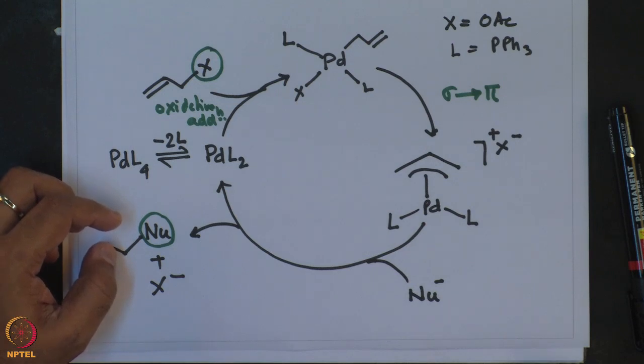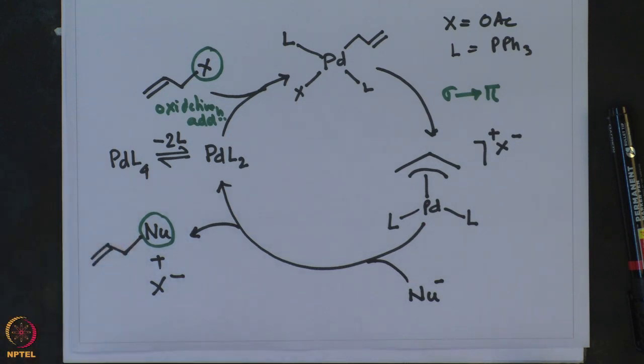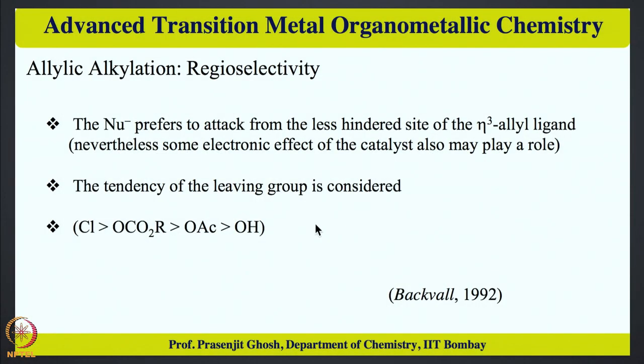Now, it is important to look into the steps of this reaction, and this nucleophile prefers to attack from the less hindered side, and that is very nicely elucidated in case of cyclic substrates.